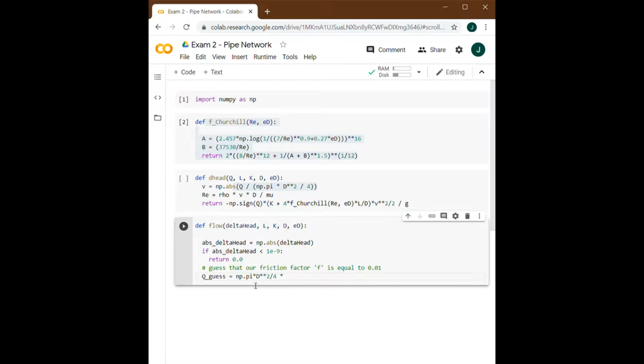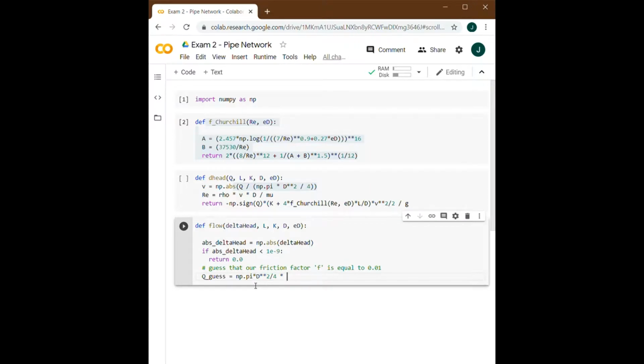And we're going to multiply that by our delta head, our change in head, and we're going to extract out our velocity value. Remember, volumetric flow is just our cross-sectional area times the velocity flowing through it.